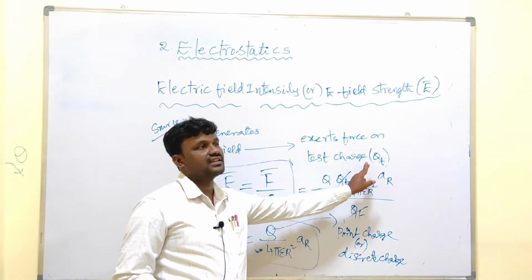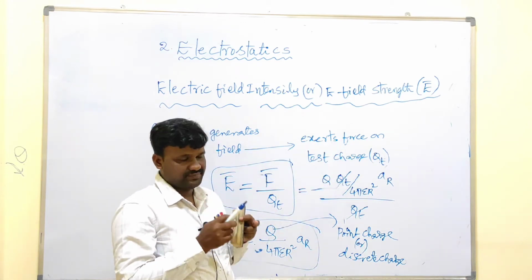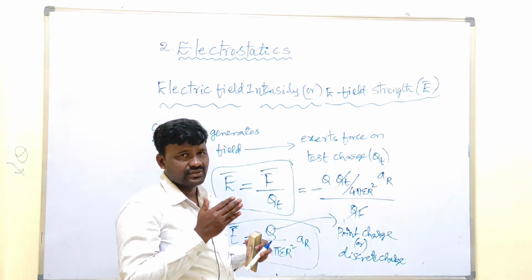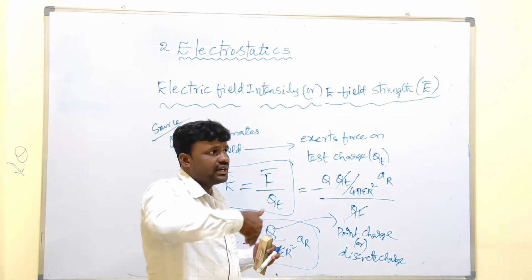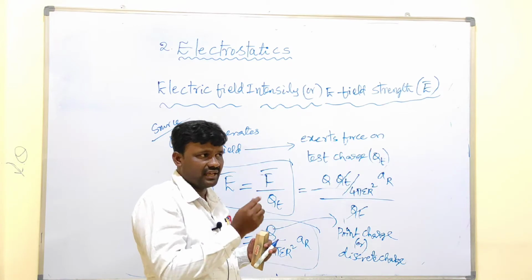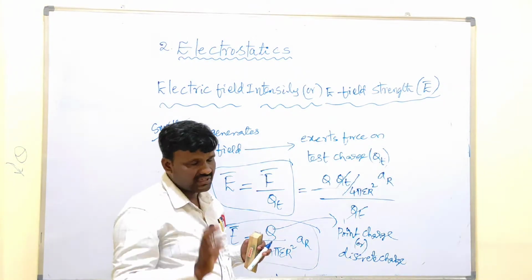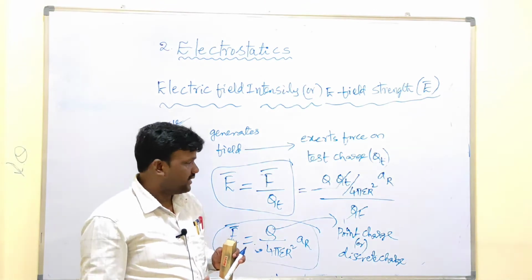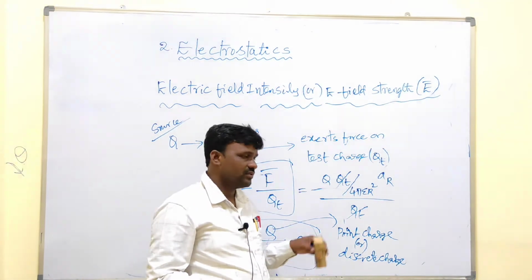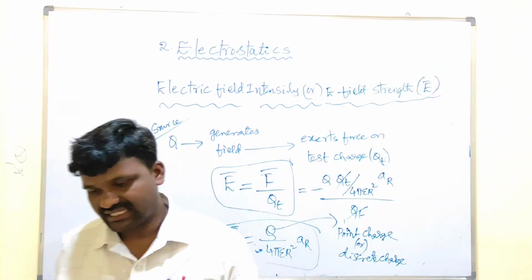If it is distributed continuously along a line, that means a large number of charges distributed along the length of the line with small spacing between them, that type of charge is called line charge. In case of surface charge, charge is distributed uniformly throughout the surface.